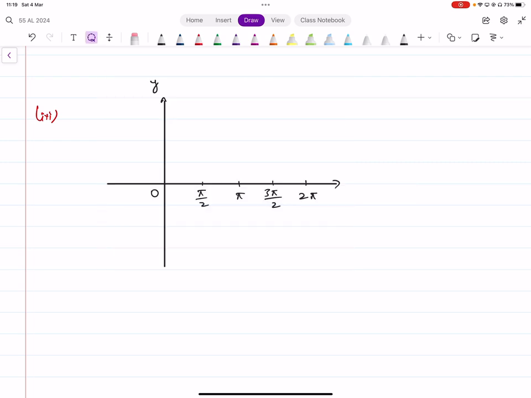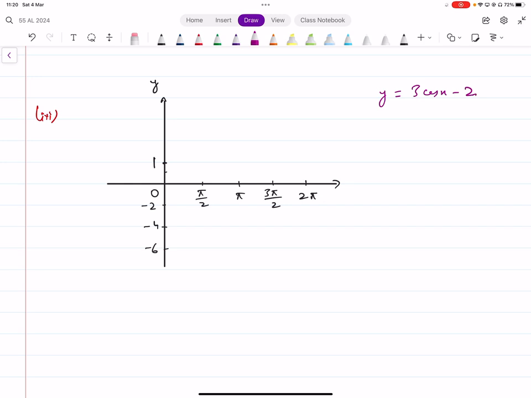0 पे क्या आएगा? जीरो पे क्या आता है आपके पास? एनीवन? फंक्शन आपके पास ये है y equals 3 cos x minus 2.